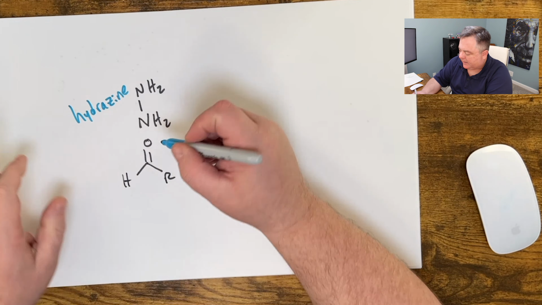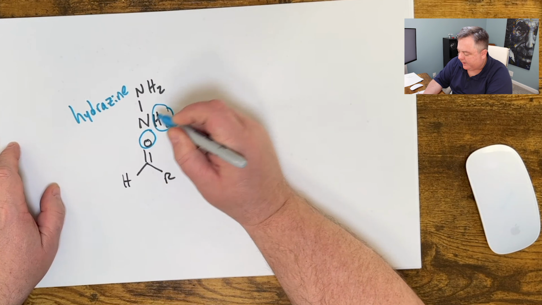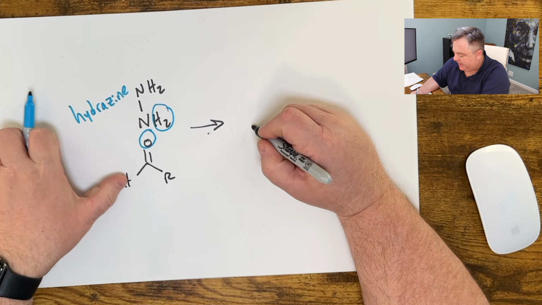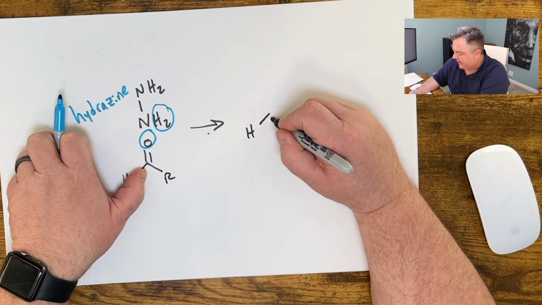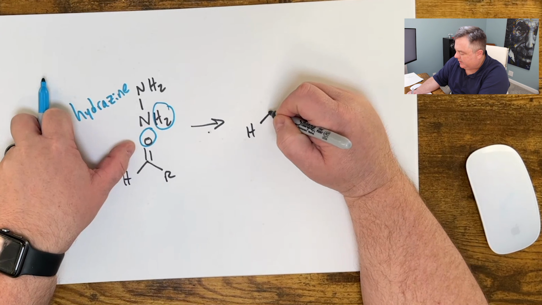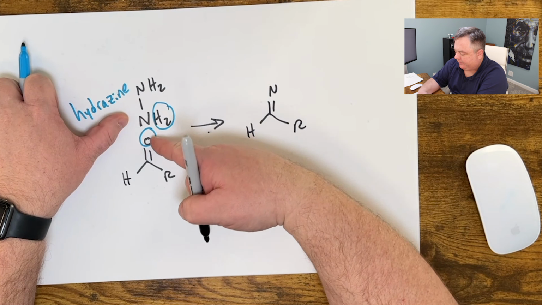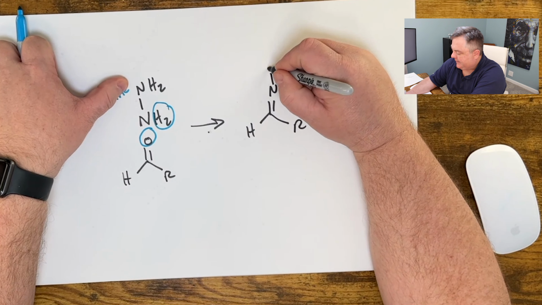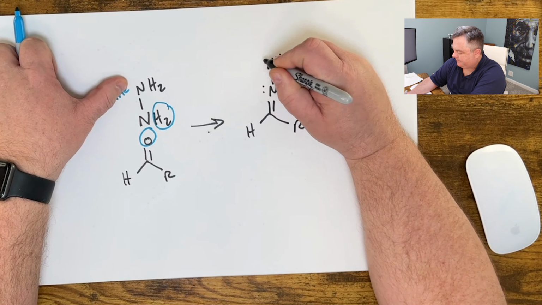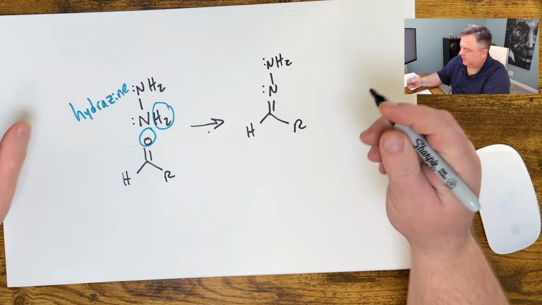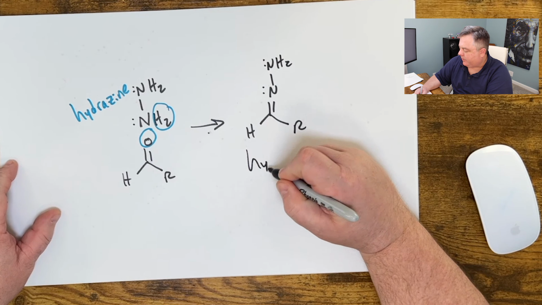I can do a condensation reaction, lose my water again. And I can make, in this case with my aldehyde, hydrogen, carbon, R group, double bond to my nitrogen. So now this nitrogen lost its water, so now I just have this NH2 on it. And I make what's called a hydrazone.